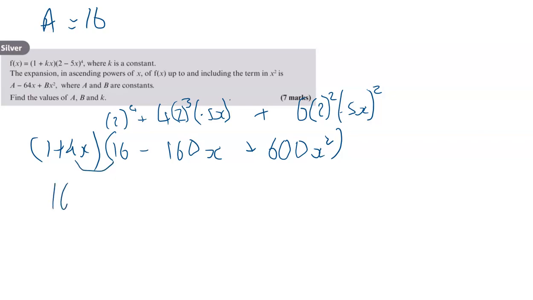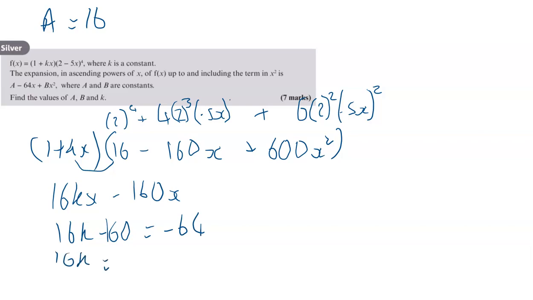It's going to be 16kx there, and it's going to be the 1 times the linear, so minus 160x. And we're saying that 16k minus 160 is going to be the same as minus 64. So 16k equals, so we have to do 160 minus 64, moving that across, so that's 96, and then divide that by 16 is 6.